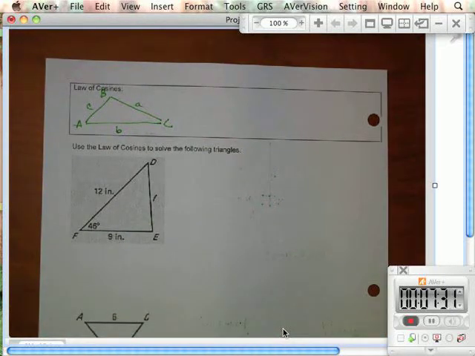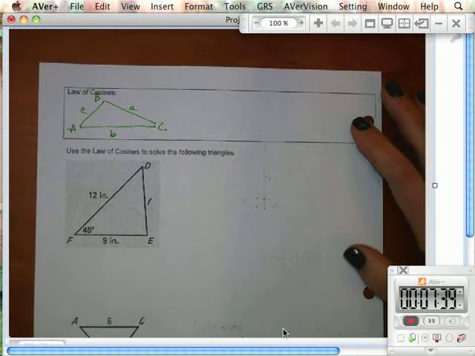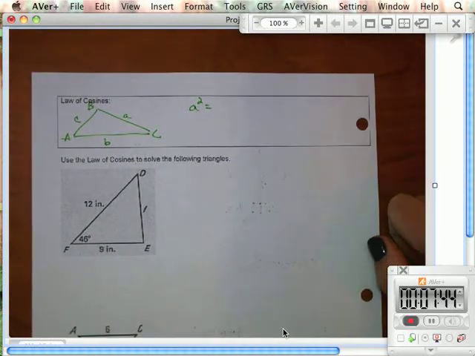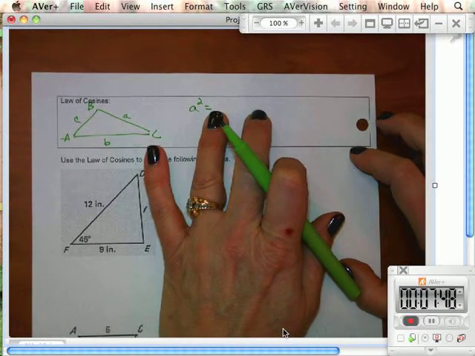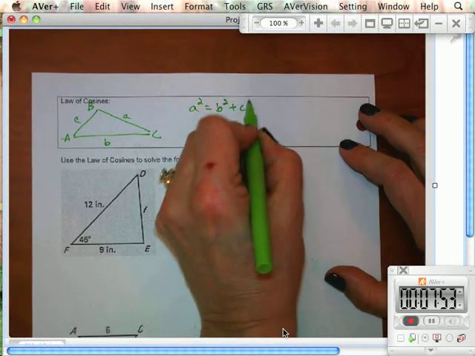The letters mean nothing really. You could have X, Y, Z. It doesn't really matter. But we're just working with A, B, C here. So let's say we're going to have A squared on the outside of our equals by itself. What goes in here are the 2 other letters squared, right? Remember that? So it would be, let's say, B squared plus C squared.